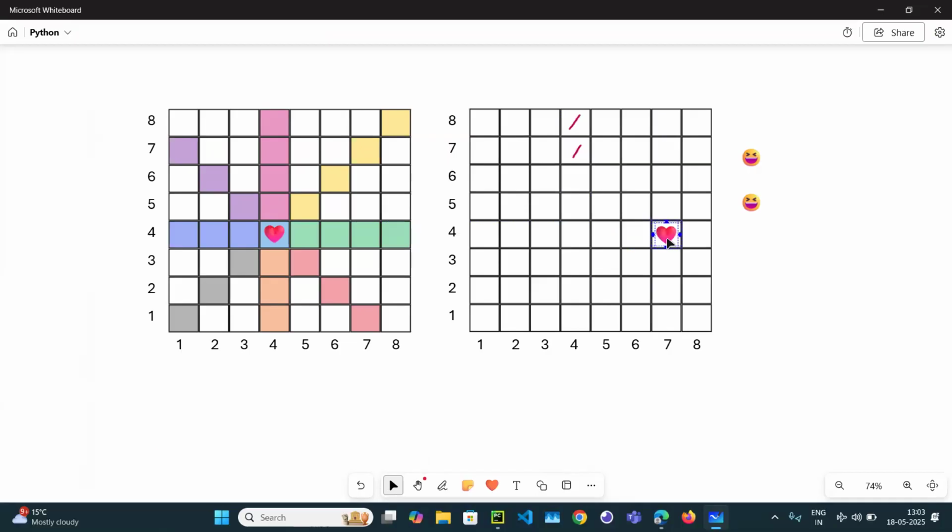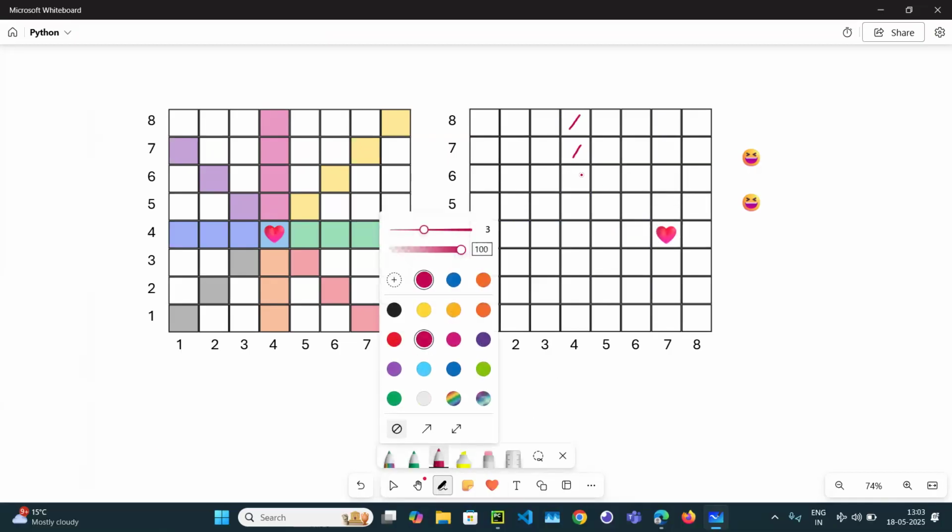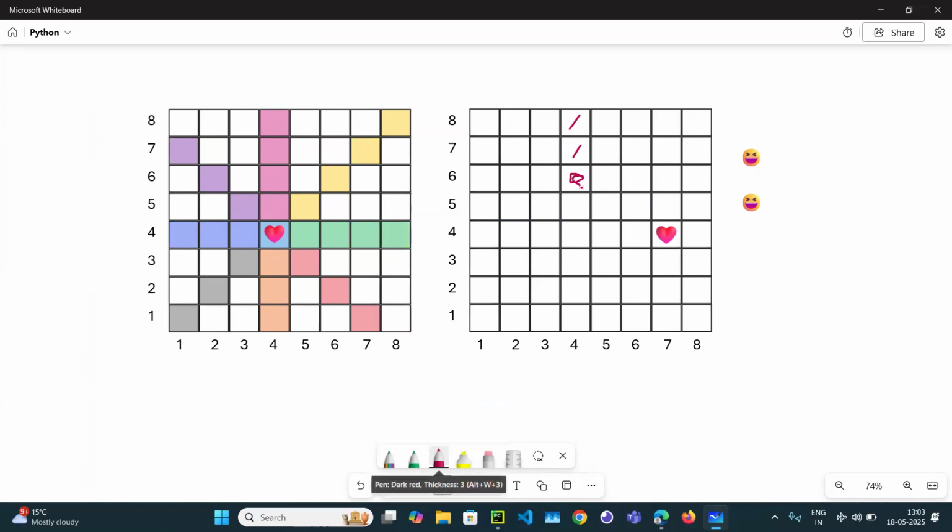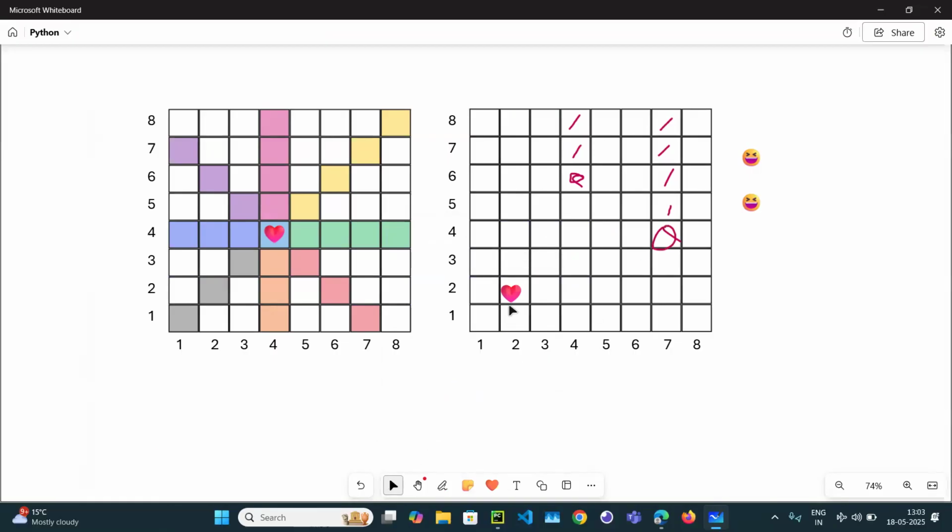Let's suppose the queen is here. Now it can attack in the top direction, so total 4. Let's suppose the queen is here.